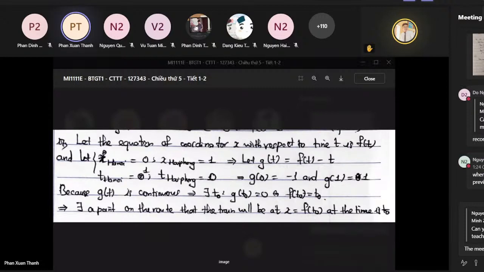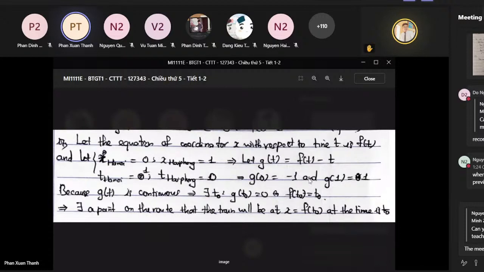Let me fix. Now we can take the function f minus t. f(t), I think, is the position, and t is the time.